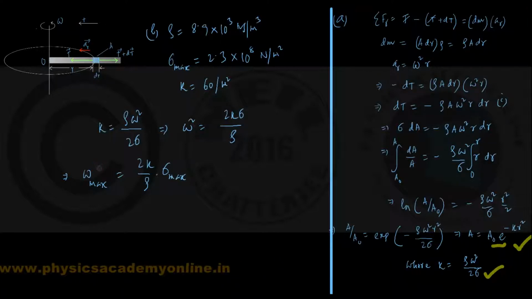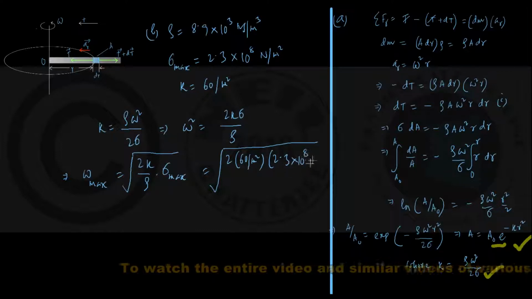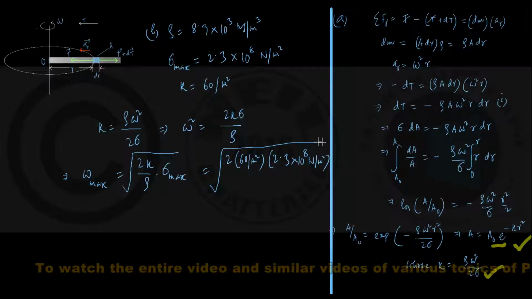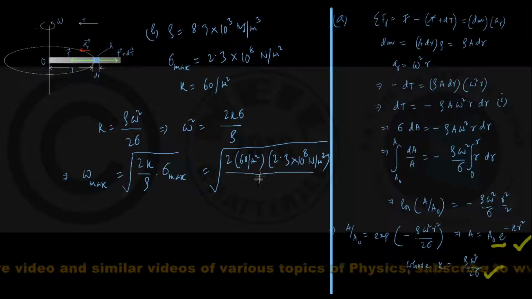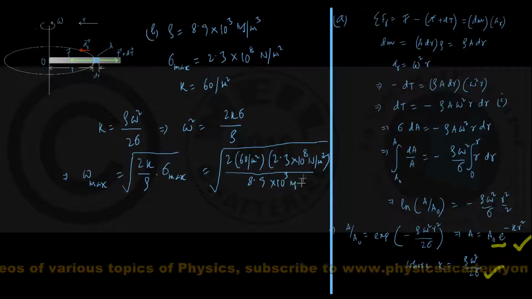Square rooting both sides, we can write down this is coming out to be omega max is equal to square root of twice K into sigma max divided by rho. Now we'll be putting the values. This is square root of 2 into the value of K 60 per meter square, the value of sigma max, that is the breaking stress, given 2.3 into 10 to the power 8 Newton per meter square, and this is divided by the density of copper, which is 8.9 into 10 to the power 3 kg per meter cube.